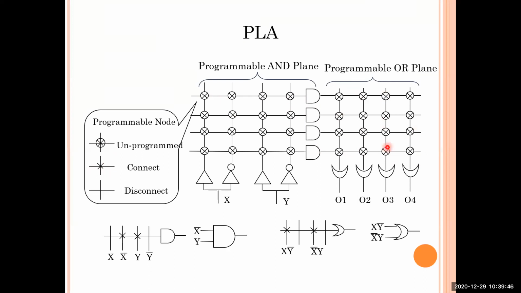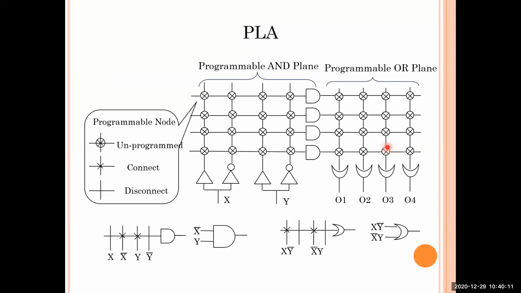Now listen carefully regarding what is meant by PLA and how this particular PLA will work. PLA is the first developed PLD, based upon the idea that logic functions can be realized as a sum of products. That's the SOP form being used here.